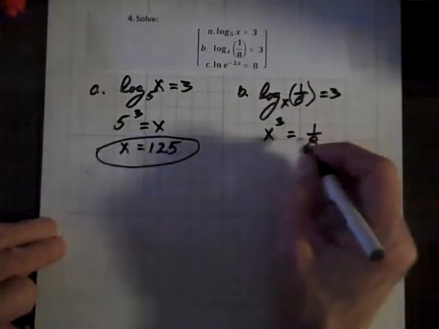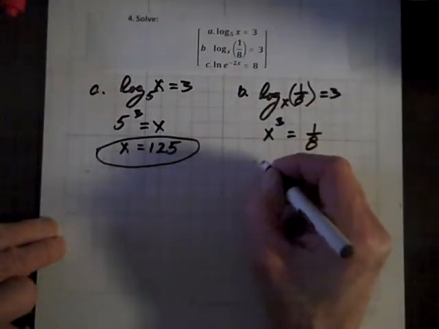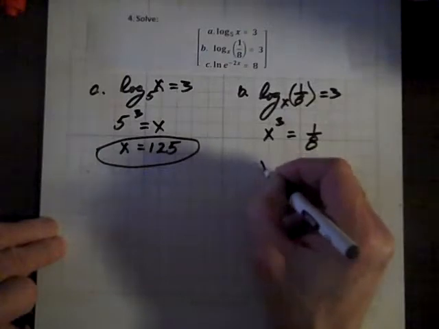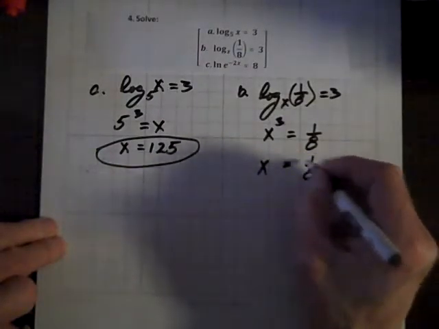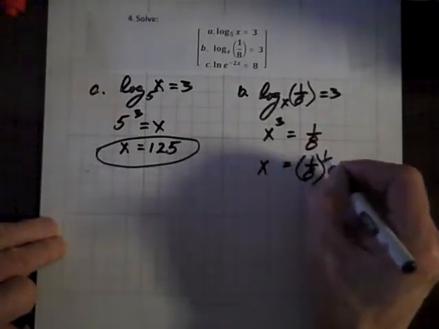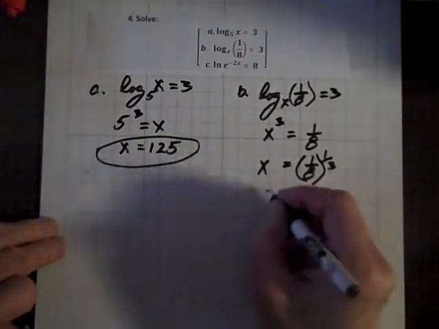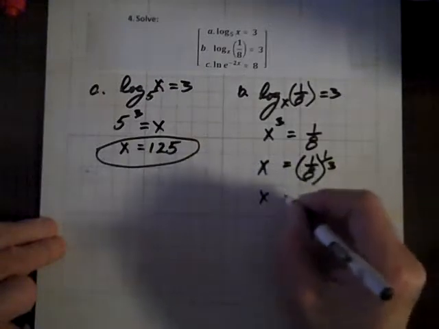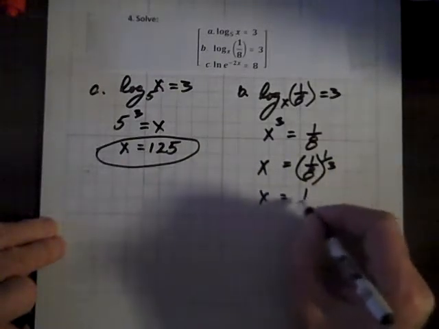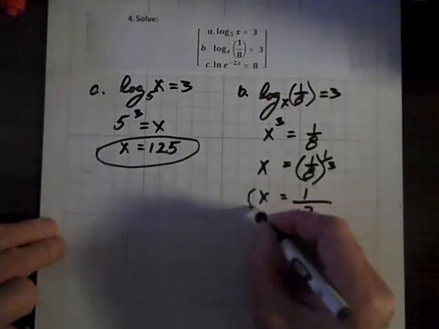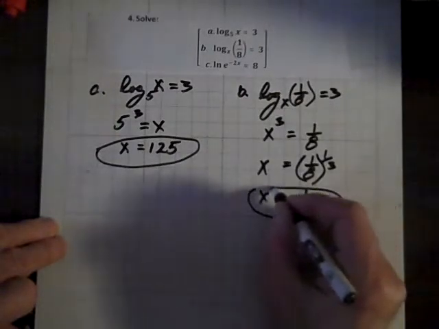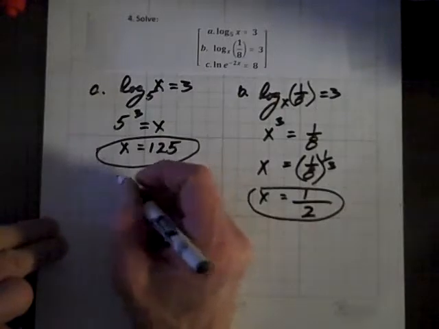So to isolate x, we'll take the cube root of both sides, or raise both sides to the 1/3 power, and we get x equals 1/8 to the 1/3. Now, the cube root of 1 is 1, and the cube root of 8 is 2, and so x equals 1/2.